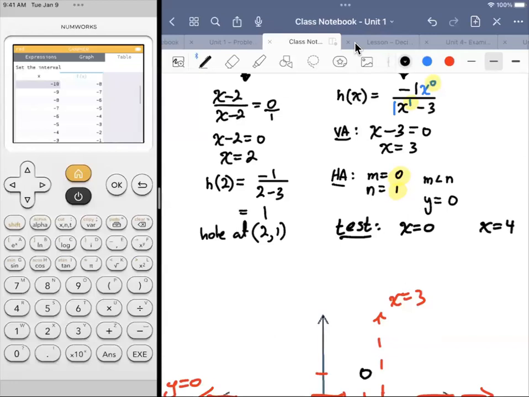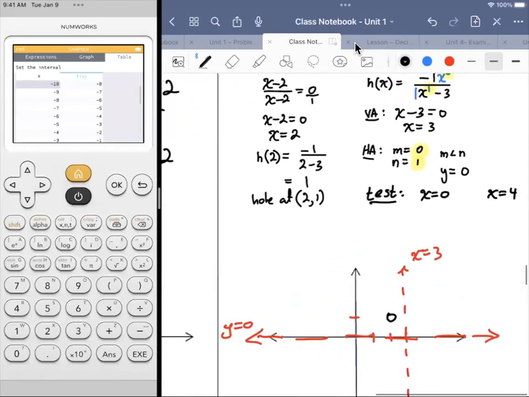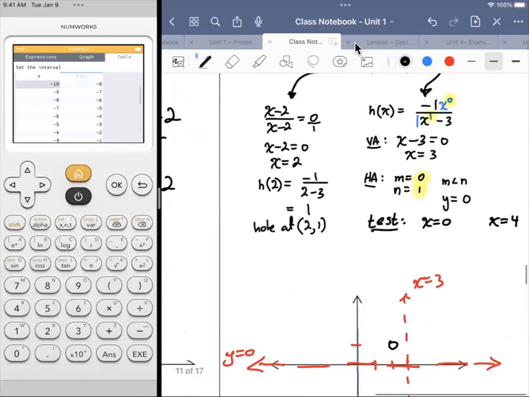Just something to the right of the vertical asymptote. All right. So if I plug in a 0 to the simplified function, remember, even though I made it all messy like here, it really is just -1 over x minus 3. So h of 0 is going to be -1 over 0 minus 3, which is going to be a +1/3. So when x is 0, y is 1/3.